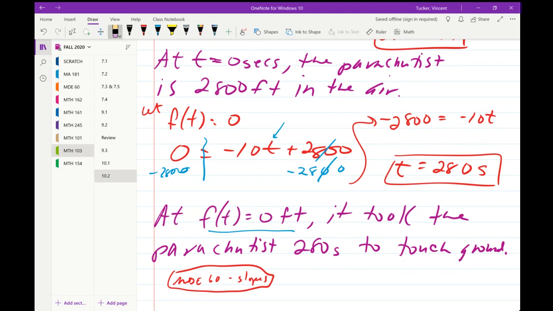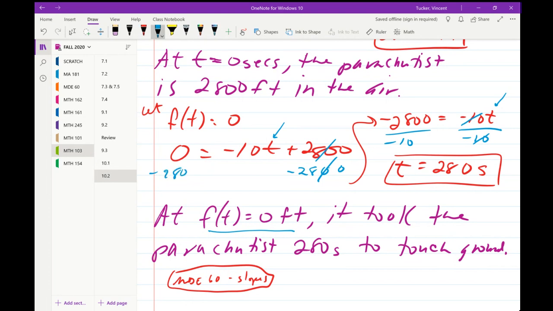So now we have negative 2,800 equal to negative 10t. Once again, your goal is still to get t by itself. So if I'm having 10 times t, now I need to divide by negative 10. And then the 10's cancel. And then you're left with the 280. I got it now. I see. Thank you. Yep, no problem.